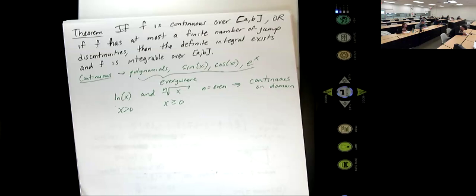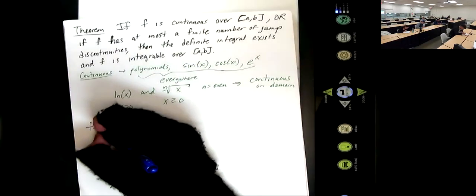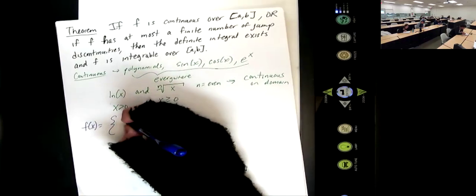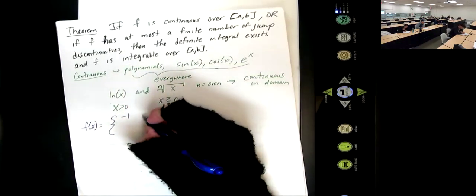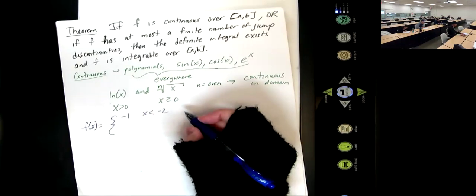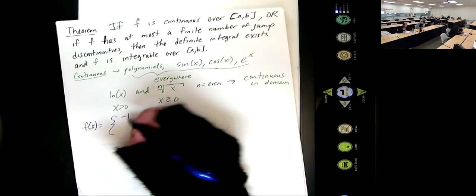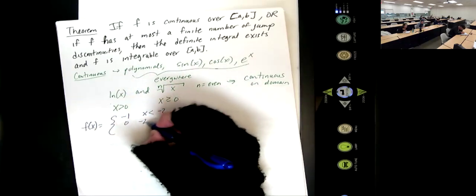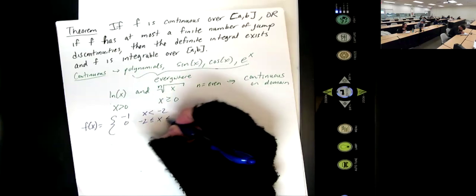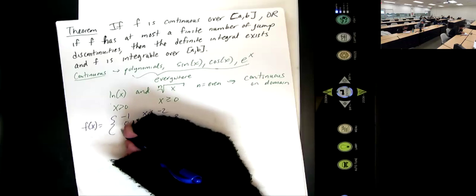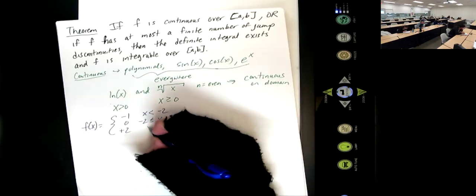But the second part is that we can have jump discontinuities. We could say f of x equals -1 if x is less than -2, equals 0 for -2 less than or equal to x less than or equal to 3, and is +2 for x greater than 3.